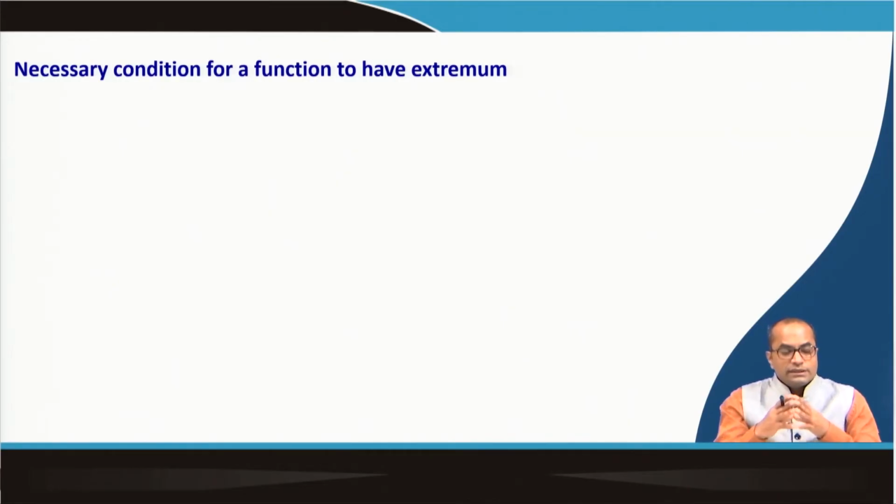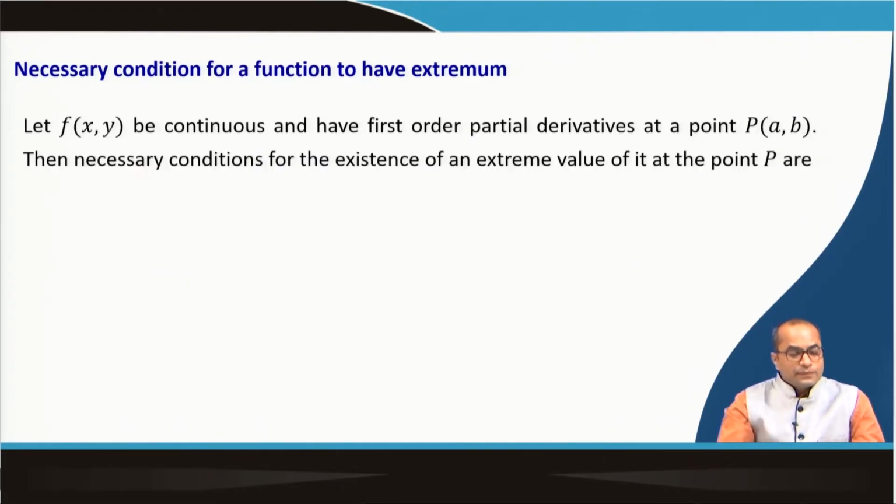So, coming to the necessary condition for a function to have an extremum. This is an important result. Let f(x, y) be continuous and have partial derivatives at a point P(a, b), then the necessary conditions for the existence of an extreme value, which we have already introduced as a combined term for maximum and minimum, at this point P are: what are the necessary conditions?